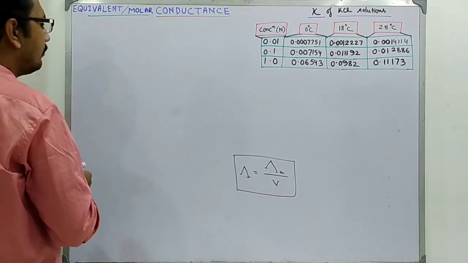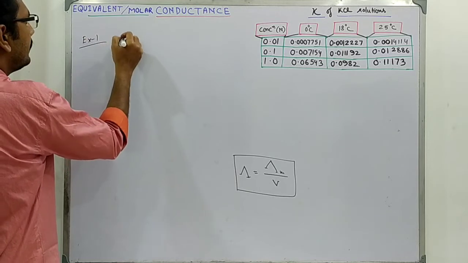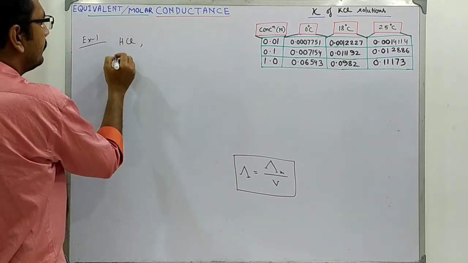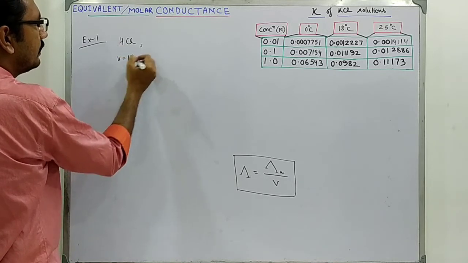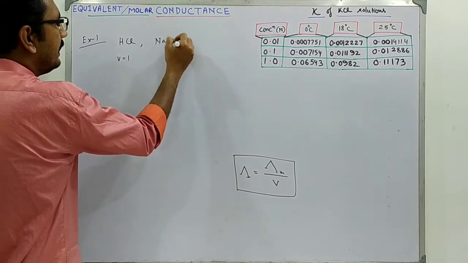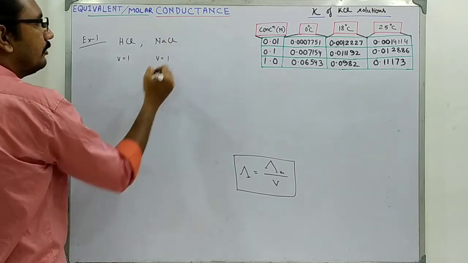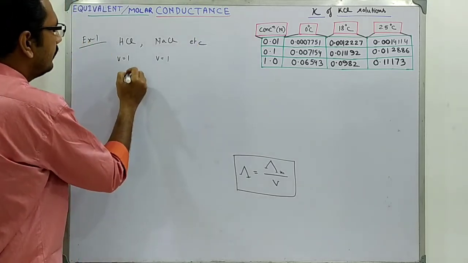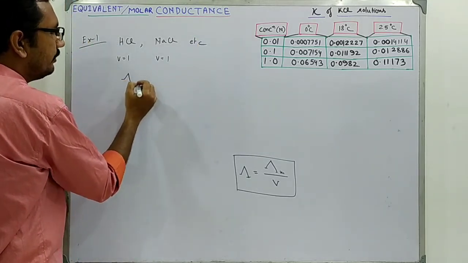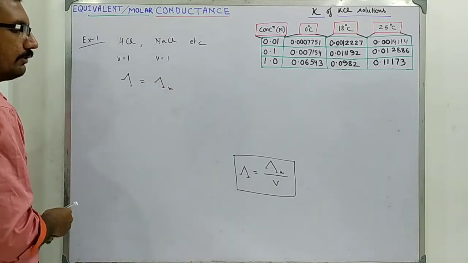So, if you have electrolytes like HCl, then the valency, that is basicity of this acid, will be 1. NaCl, its valency, that is total charge of either cation or anion, it will be 1, etc. This equivalent conductance will be equal to the molar conductance.